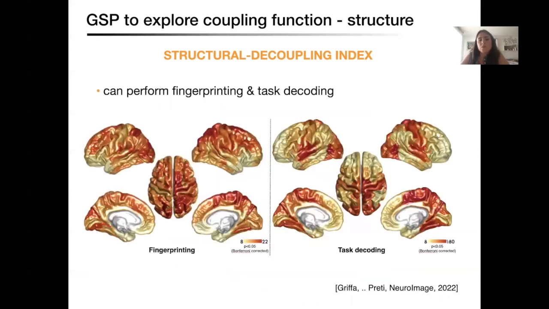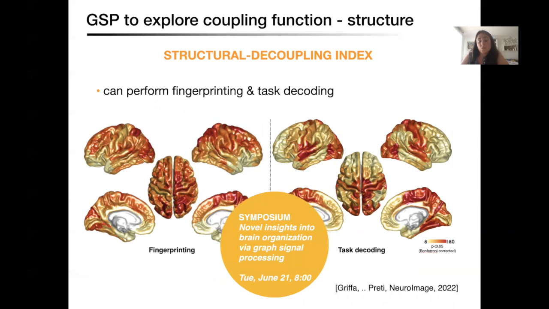And also what we could show more recently, this year, is that we can perform fingerprinting and task decoding with very high accuracies based on this measure of structural decoupling index, so on structural function coupling. If you want more information about it, I will also give a talk more specifically on that at an early morning symposium on Tuesday.